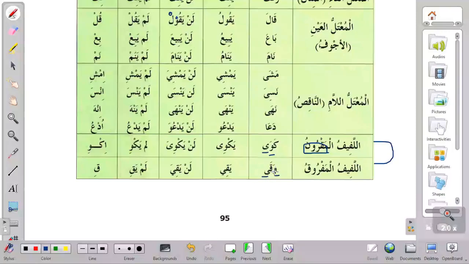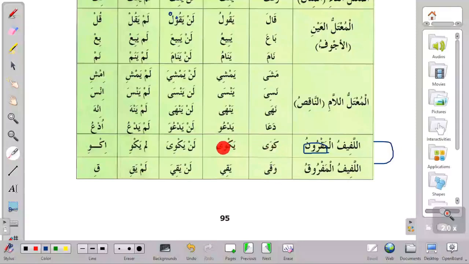In between them there is a qaf, which is separating them. So they are mafruq, separated. That's the difference between them. I hope that is clear. So that's how come we have these two. Here we just talk about it briefly. So an example of makrun is kawa, and the example of mafruq is waqa.